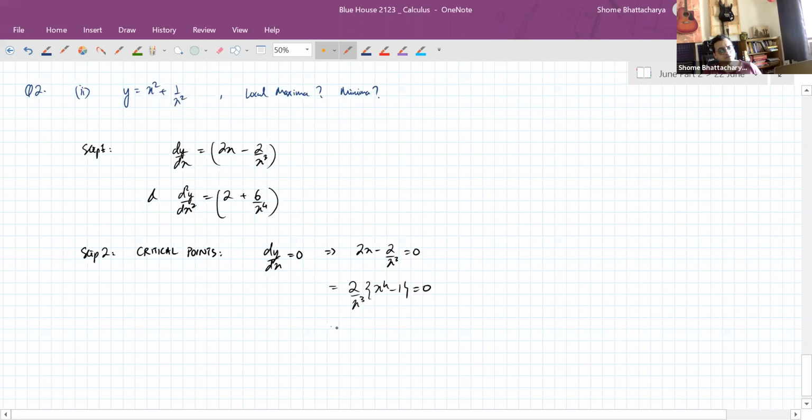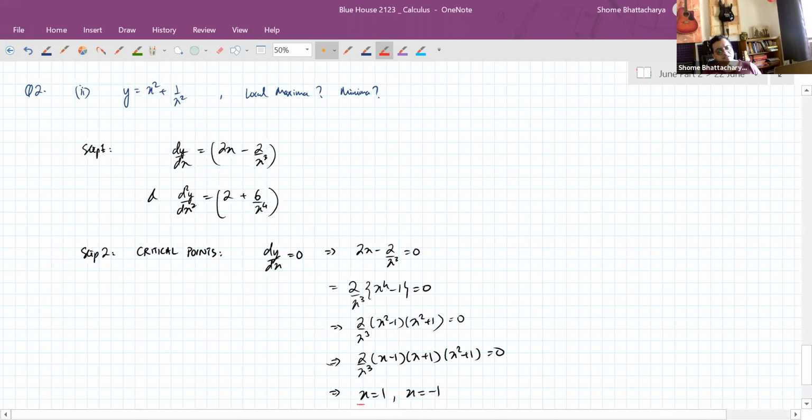Further we can write that as 2 by x cube into x square minus 1. So our critical points will be x equal to 1 and x equal to minus 1. So we are getting two critical points.